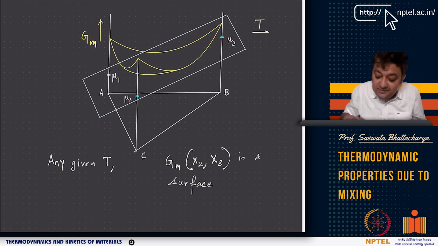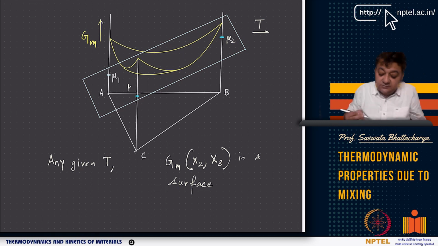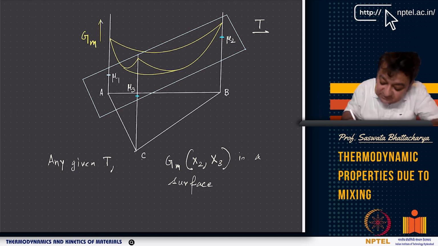So you have A, B, C. Or you can write this also, this is also fine. You can tell this is mu2, it's just a convention, and say C is 3, so this is mu3. So this blue point that you can see here, right?